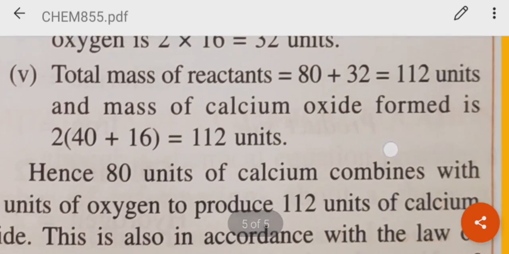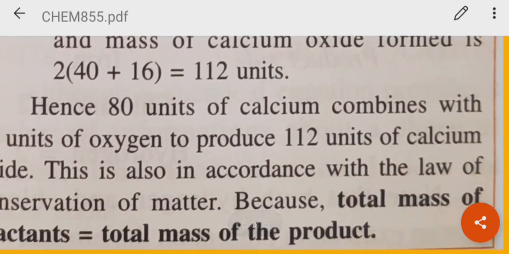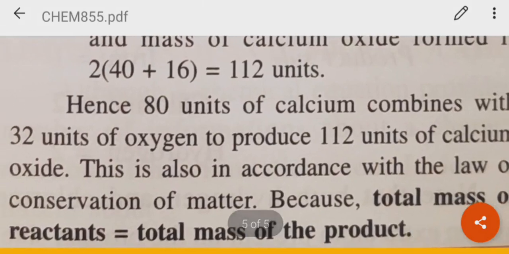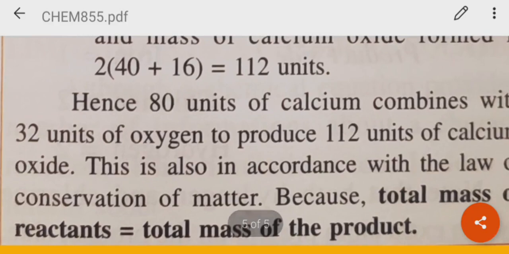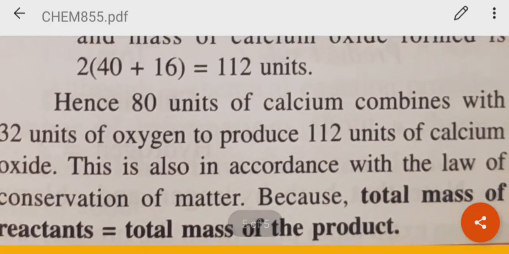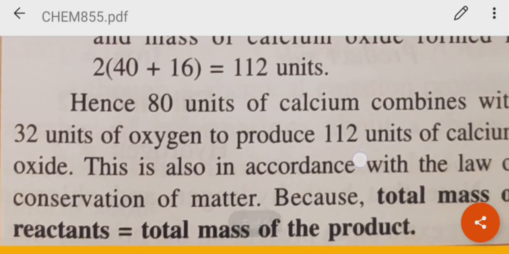The law of conservation of mass is followed. 80 units of calcium combines with 32 units of oxygen to produce 112 units of calcium oxide. This is in accordance with the law of conservation of mass, because total mass of reactants is equal to the total mass of the products.